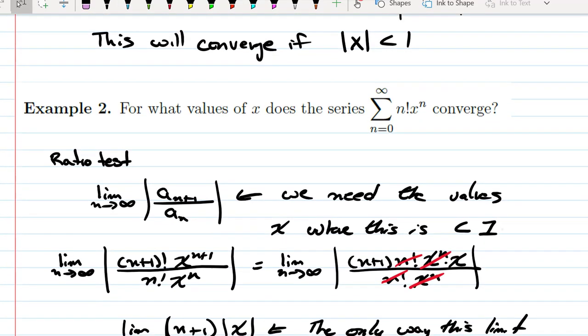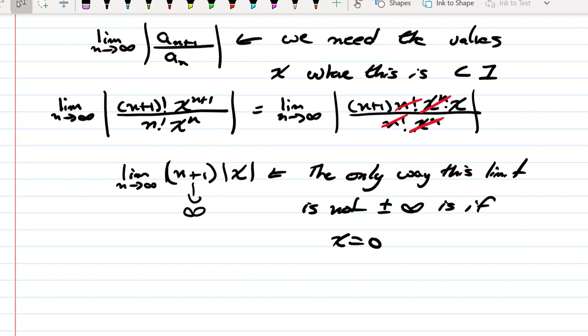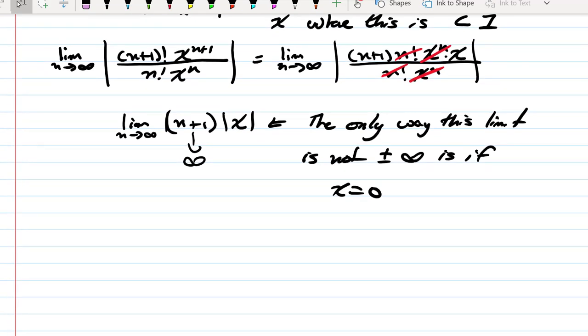And if x was 0, then our original series would have been just 0 plus 0 plus 0 plus 0 plus 0. So this only converges if x equals 0.